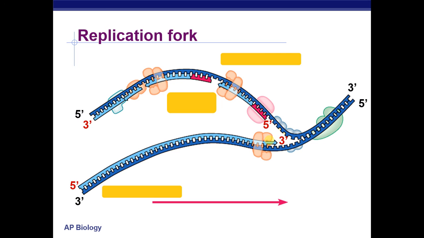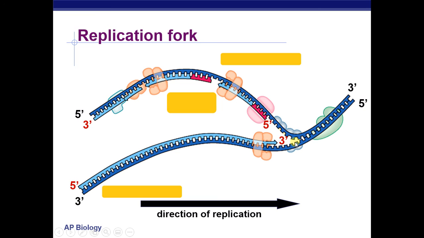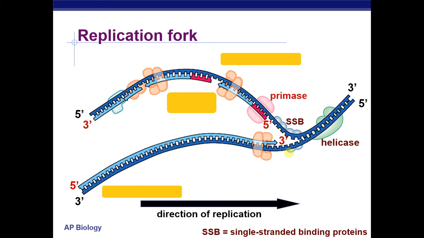So here, lastly, we have just another picture just to make sure we understand what's happening. Here's the direction of replication, because here's the replication fork and helicase. We've got our single-stranded binding proteins here in blue, keeping the strands apart so we can get in there and replicate. And we've got primase in the pink and DNA polymerase 3 in the slightly lighter pink.